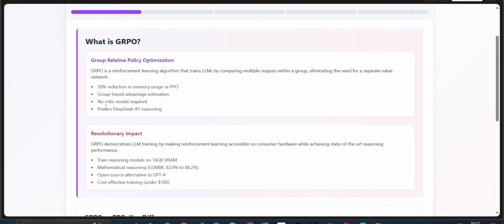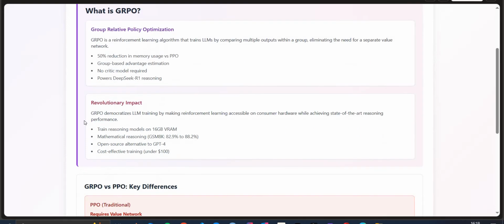Instead of using a separate value network to estimate rewards, GRPO compares multiple outputs generated by the model itself for the same prompt. In simple terms, the model doesn't need an extra critic to tell it what is good or bad. It just looks at its own group of outputs and learns which ones performed better.